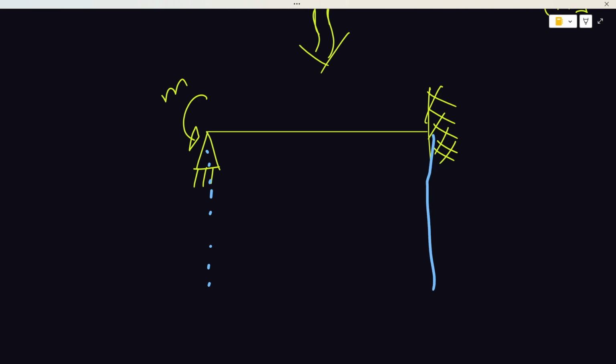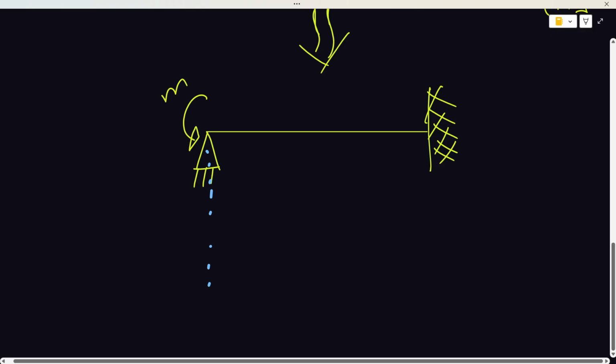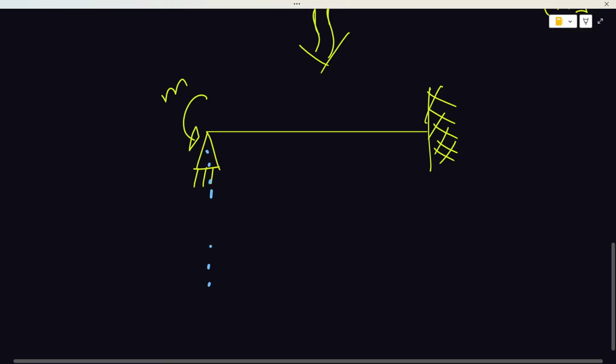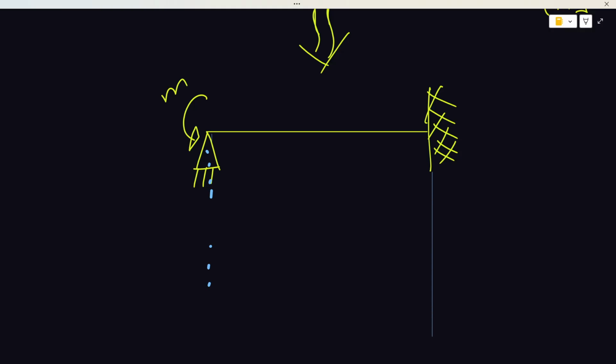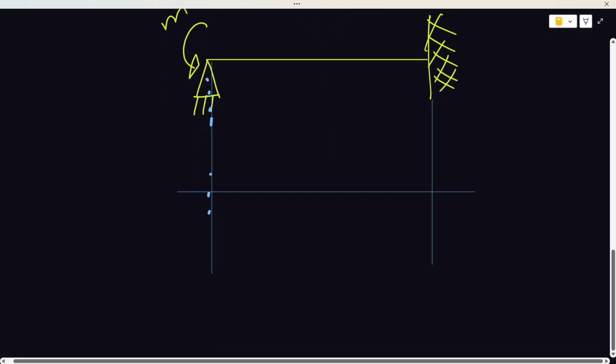Let me draw a normal straight line. I just need to draw a vertical line, and let me start with this. So, of course, the bending moment diagram would be like this.